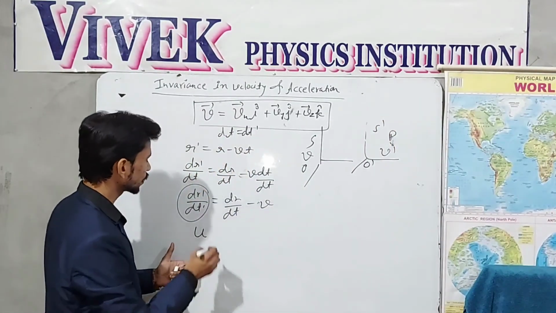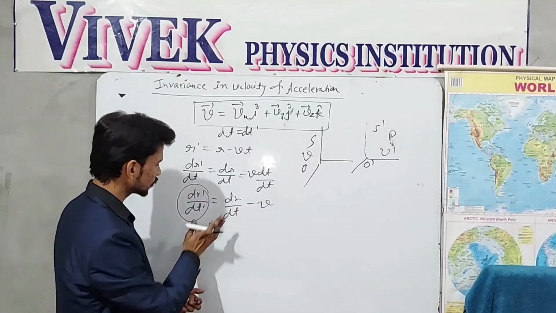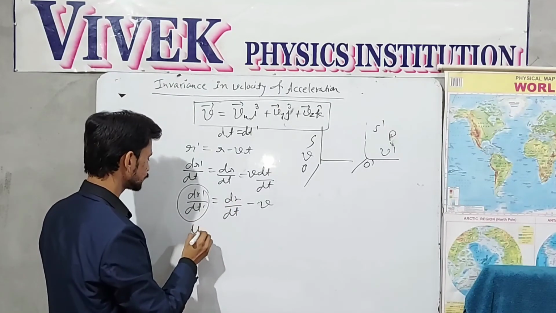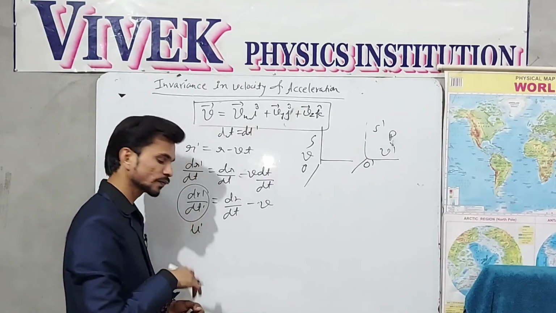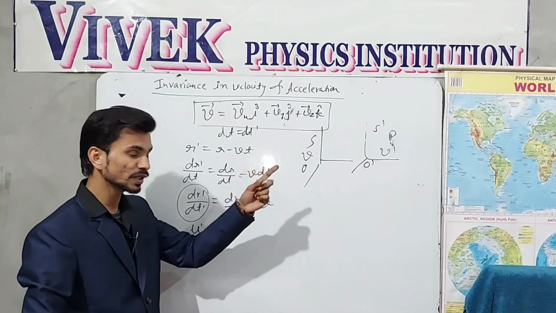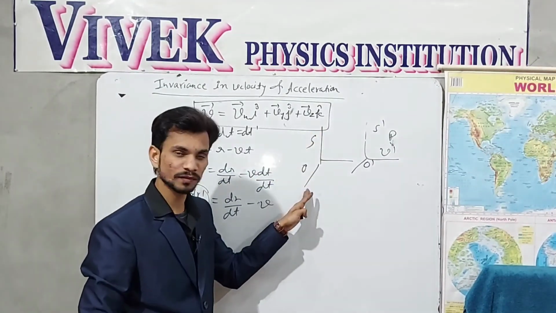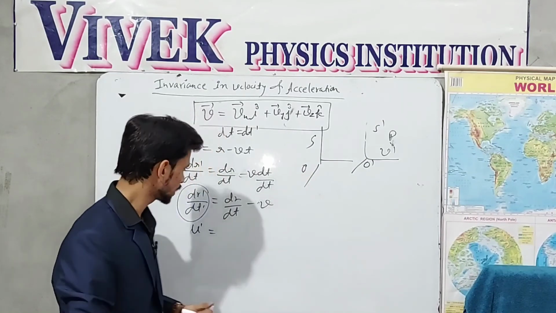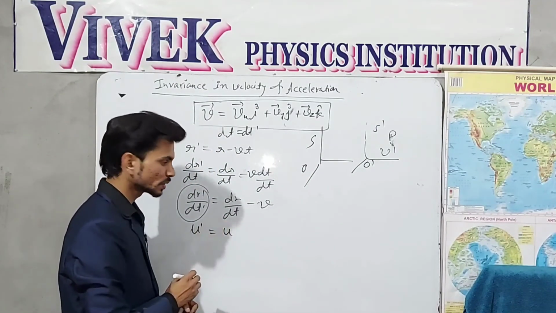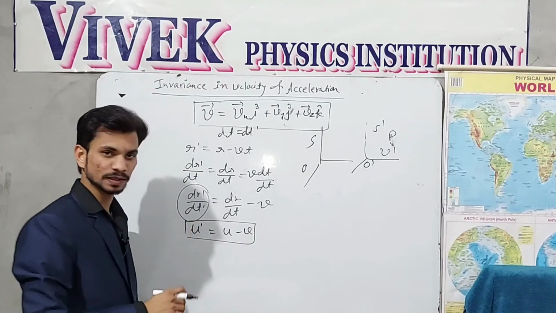Let's say this is u dash, and this is the velocity of the particle p observed in this frame of reference by this observer. Let's say this is u, the actual velocity of the particle.